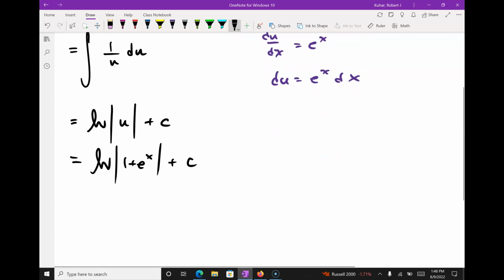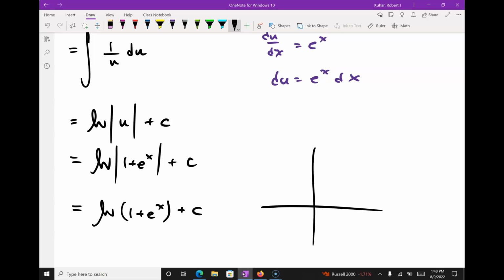Oh, but do I need the absolute value here? No. I don't need the absolute value here because 1 plus e to the x, e to the x is never 0. This is 1 plus e to the x, never 0, never negative.